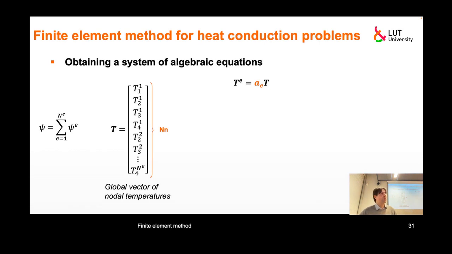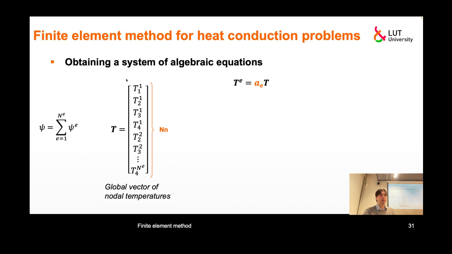Okay, so there is basically just one step left: how to formulate the variational principle to be able to find the distribution of temperature using this interpolation that we assumed. We will eventually have to deal with the global vector of nodal temperatures.